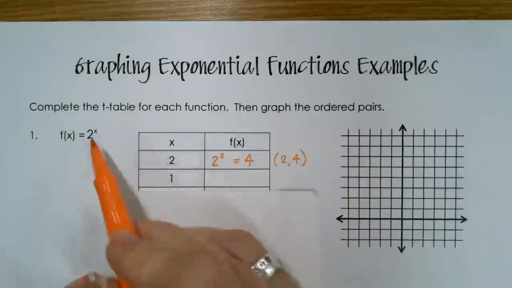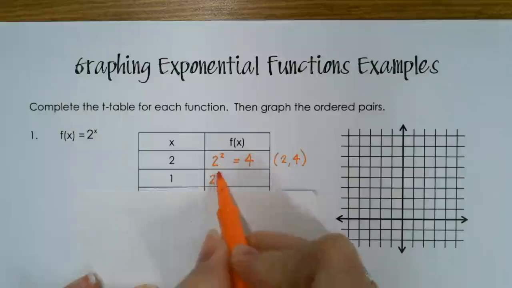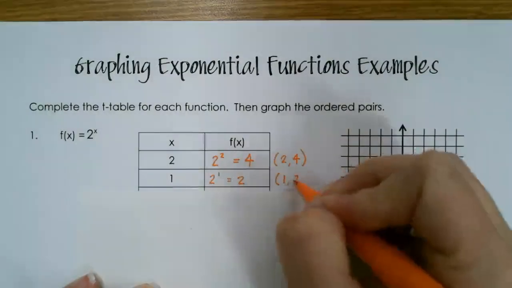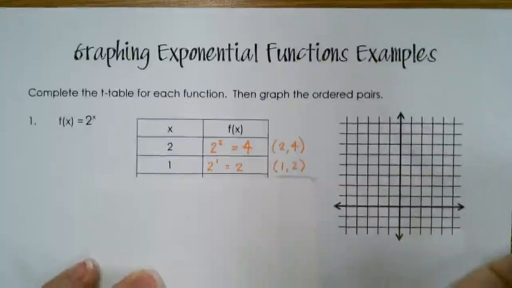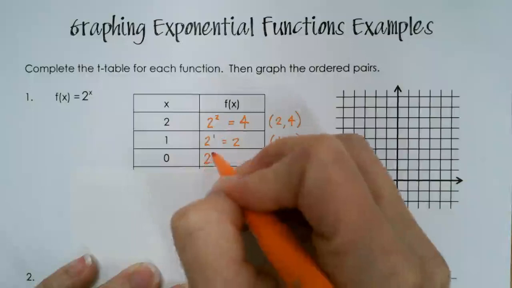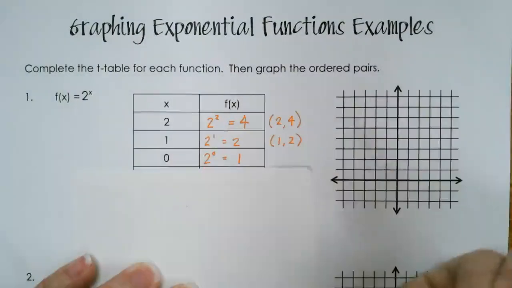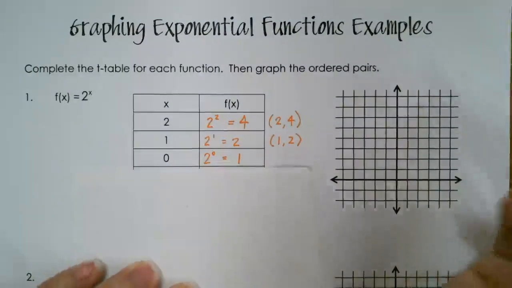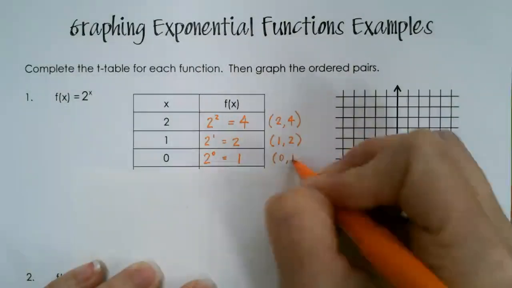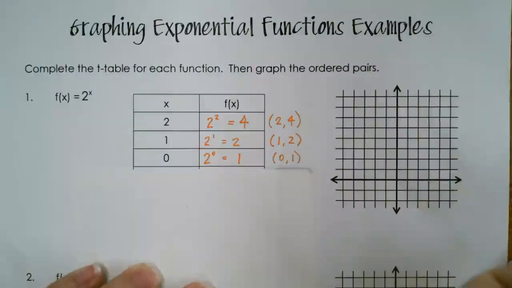So if we fill in 1, we have 2 to the first, which equals 2. So that ordered pair is 1, 2. If we fill in 0 for x, we get 2 to the 0, which hopefully you remember and understand that is always going to be 1. So we have the ordered pair 0, 1.